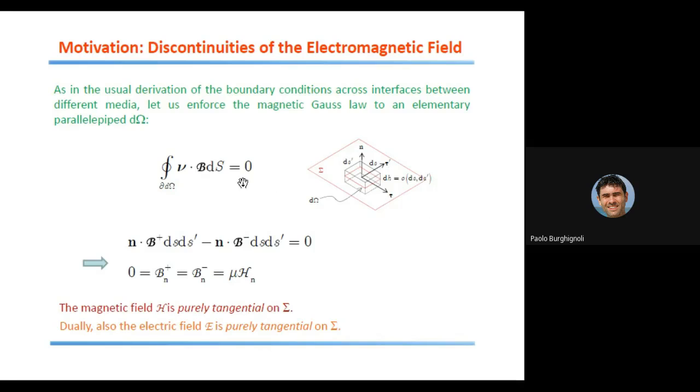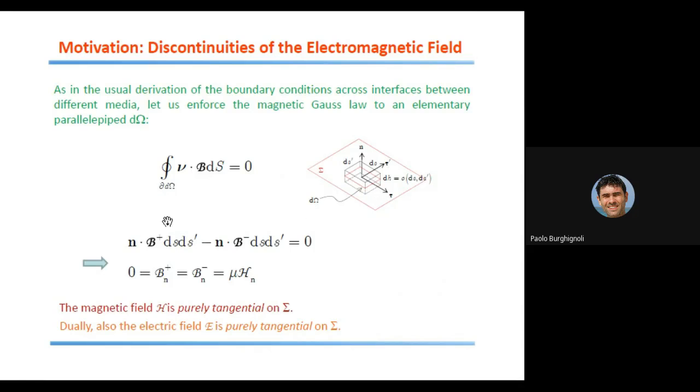Now, if we write this fundamental law, the zero flux of the magnetic induction, for this elementary volume, it turns out that you can neglect the contribution of the lateral surface because of our assumption about dh, and so you remain only with the contribution of the upper and lower rectangles.